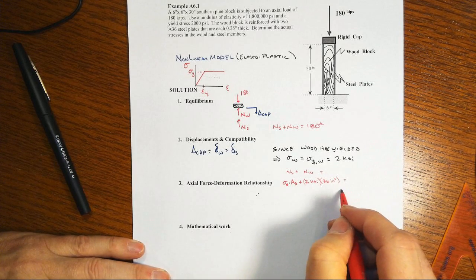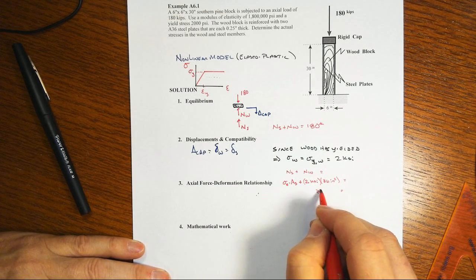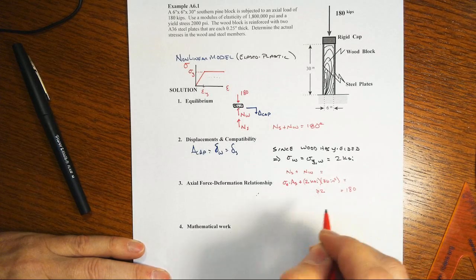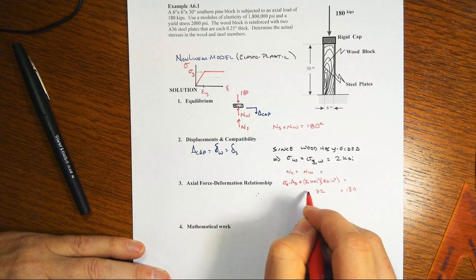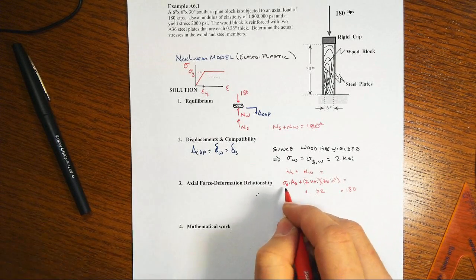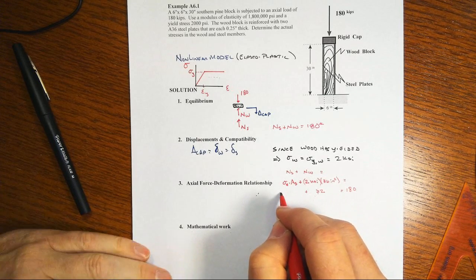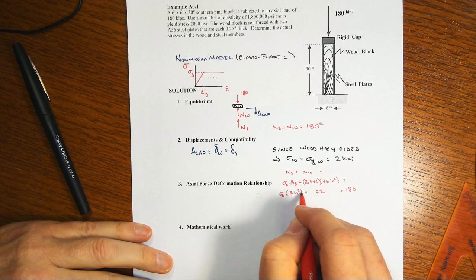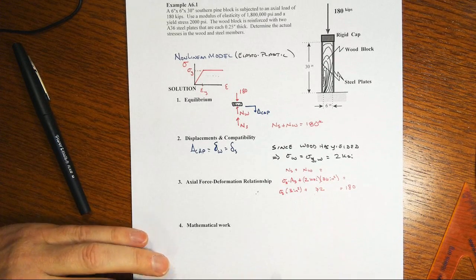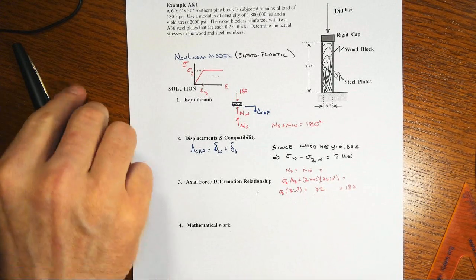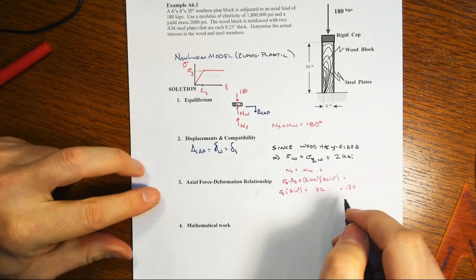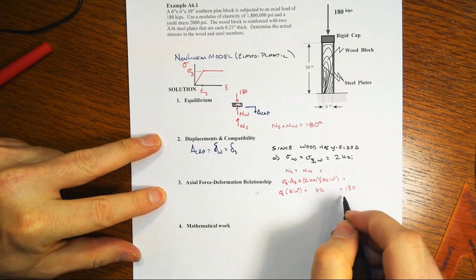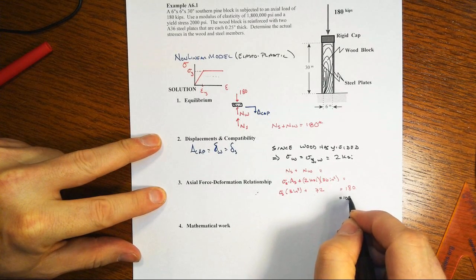Right? And so we find out, of course, that's 72. The whole thing has to be equal to 180, and we don't know yet what the steel stress is, but the steel area is 3 square inches. Right? And so now we find out, okay, 180 minus 72, that equals 108 kips.